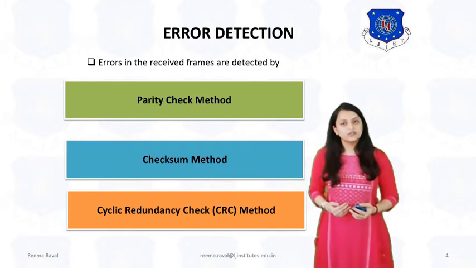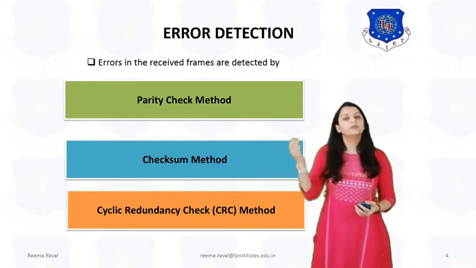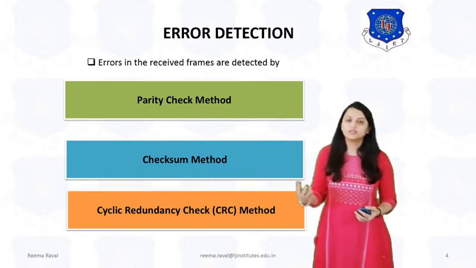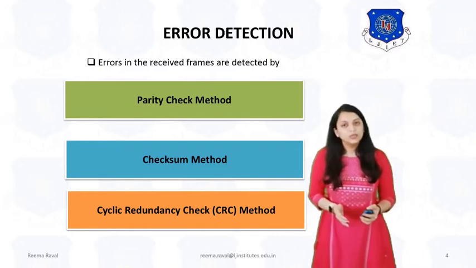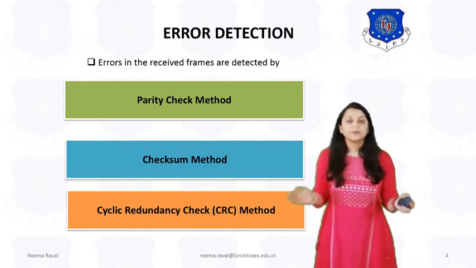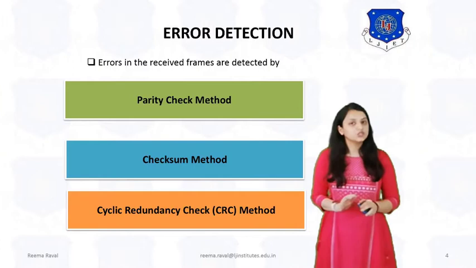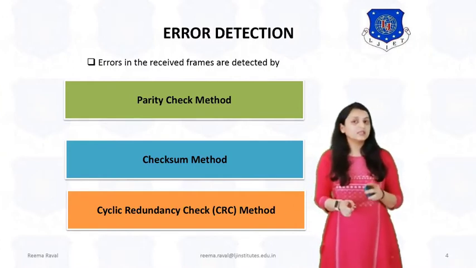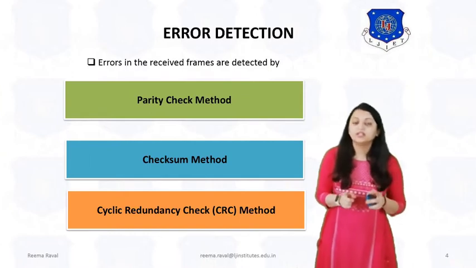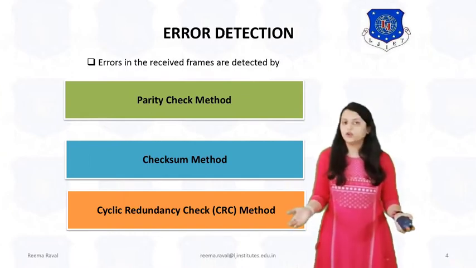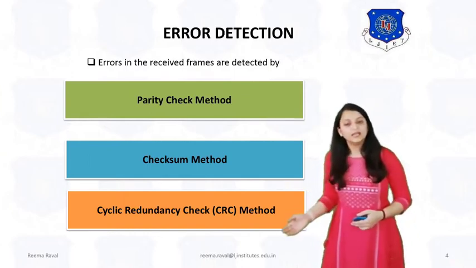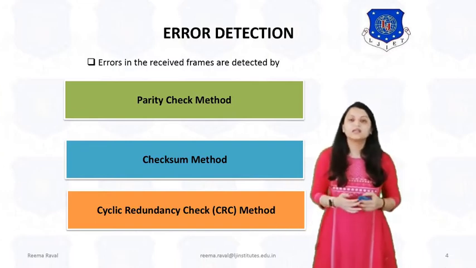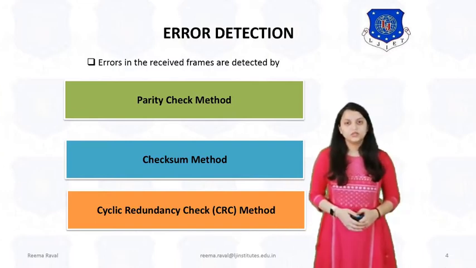At the receiver side, the receiver also computes the checksum using XOR addition, then compares the two checksums. If they are equal, there is no error. If they are not equal, it indicates that some bit has changed and there is an error, but again we cannot correct it. And the last one is the CRC method, cyclic redundancy check.